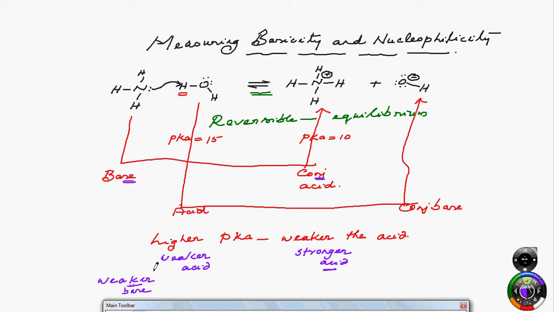So obviously OH minus is a stronger base. A weaker acid makes a stronger conjugate base. So this pK table helps us to measure the basicity. We have come to the conclusion that OH minus is a stronger base than NH3.